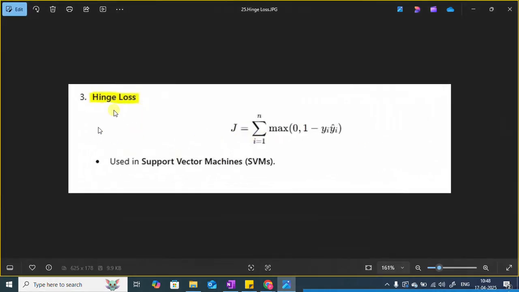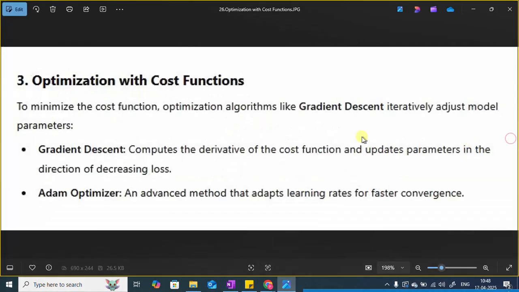Now here is the hinge loss. The minimum value is 0, and the maximum value will be 1 minus the multiplication of actual value and predicted value, which is used for support vector machine, an advanced machine learning technique. Clear, guys? Now optimization with cost function. We want to minimize the cost function because, as I told you, if we minimize the cost function, the performance of the model will increase. So our intention should always be to minimize the cost function.